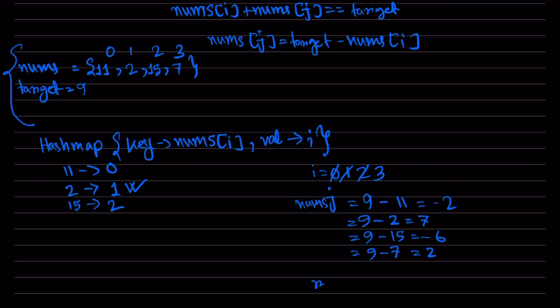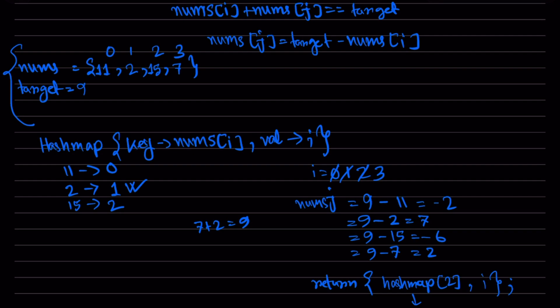Since it exists, we just return the hash map of nums[j], the hash map of 2, which returns the value, the index, which in this particular case is 1, and return the current index i immediately. That works because 7 plus 2 gives me my desired target value, 9. I hope this dry run makes sense.